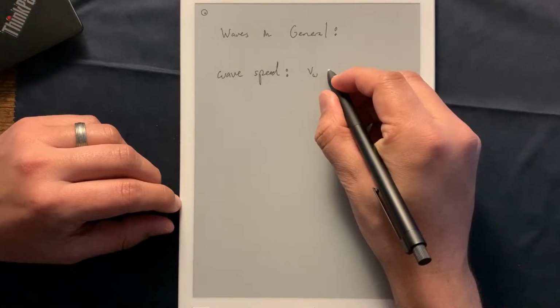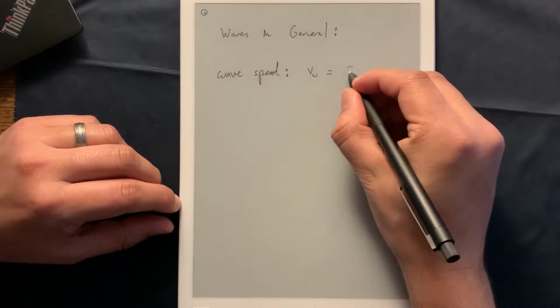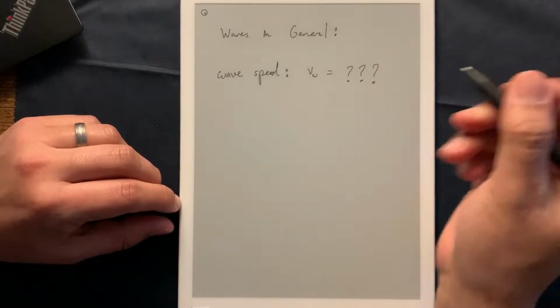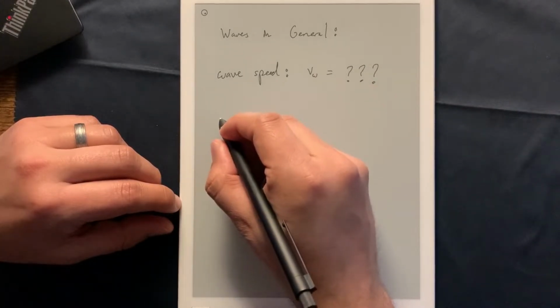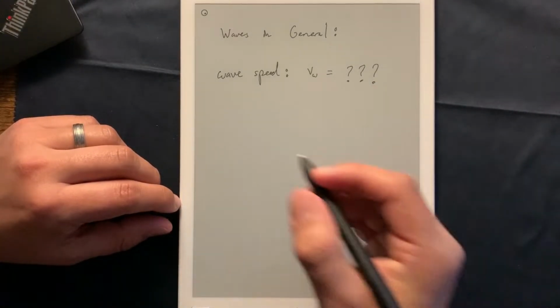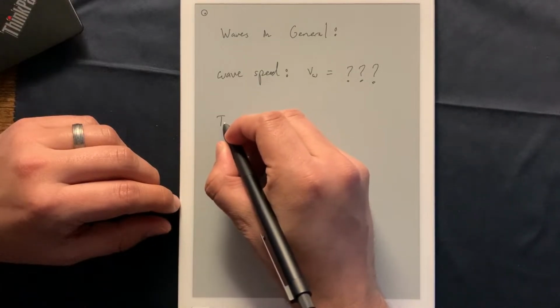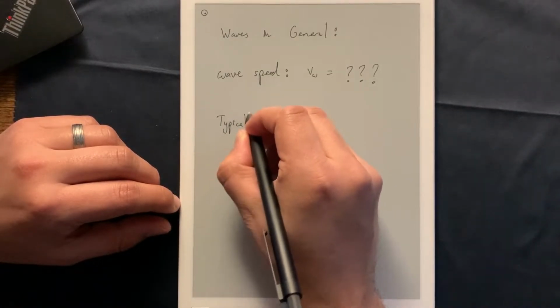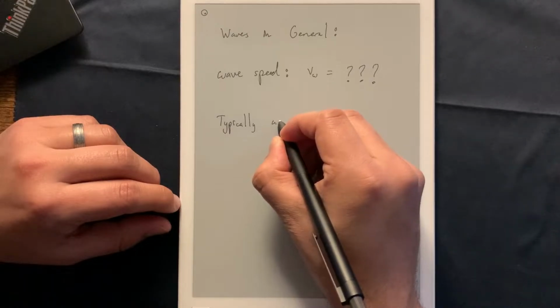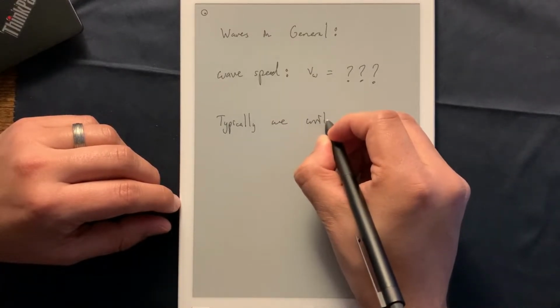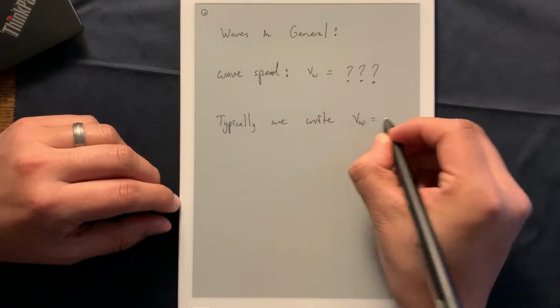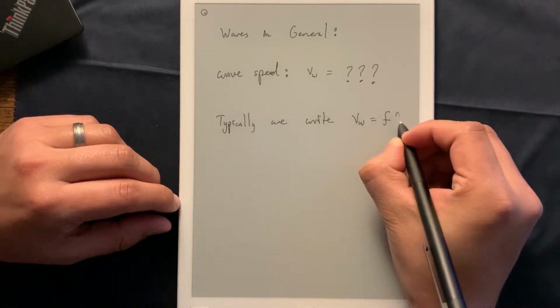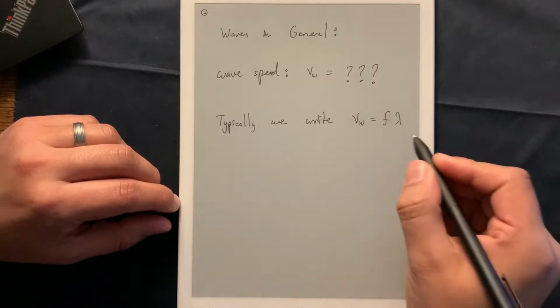And so what is it equal to? There's a couple of different ways to do it, but typically we write the equation: the wave speed is equal to the frequency times the wavelength.